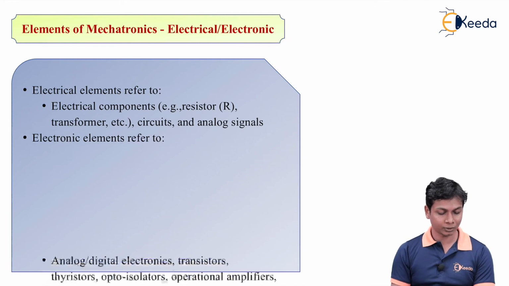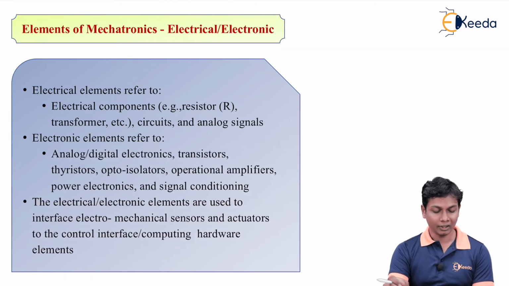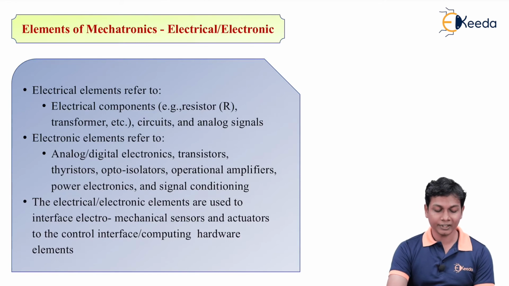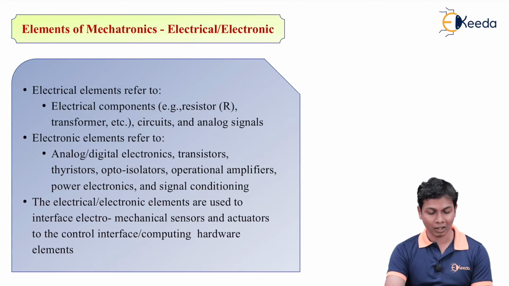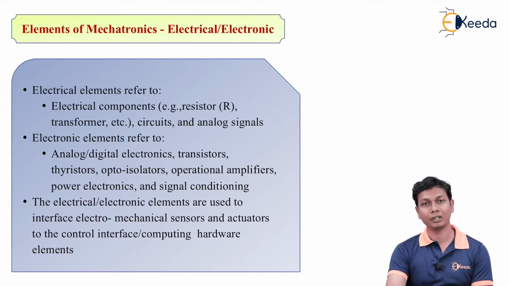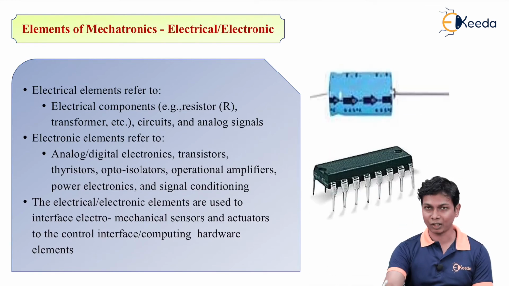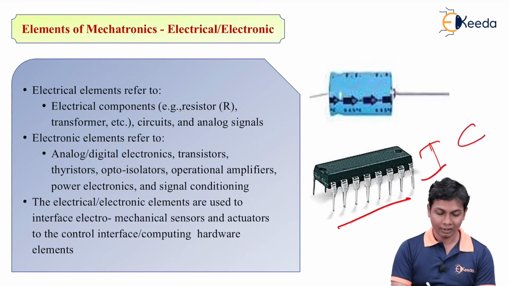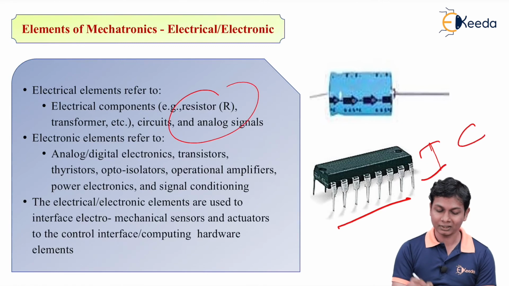Electronic elements also refer to digital and analog electronics like transistor, operational amplifier, opto oscillators, signal conditioning and power electronics. The electrical and electronic elements are used to interface sensors and actuators to the control interface to computing hardware elements. Here is an example where computing hardware elements are there, that is nothing but your IC part and resistor or capacitor part.